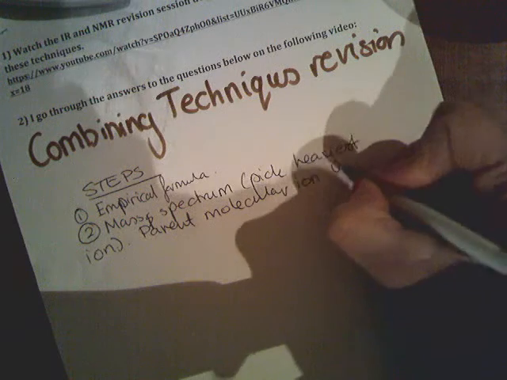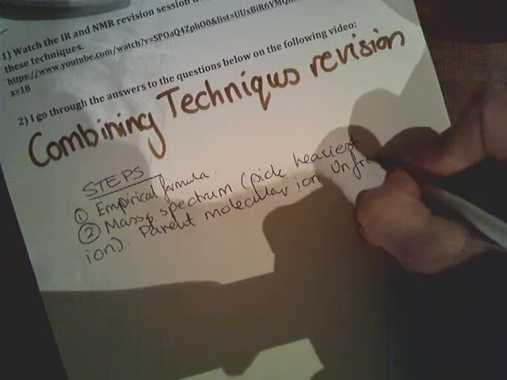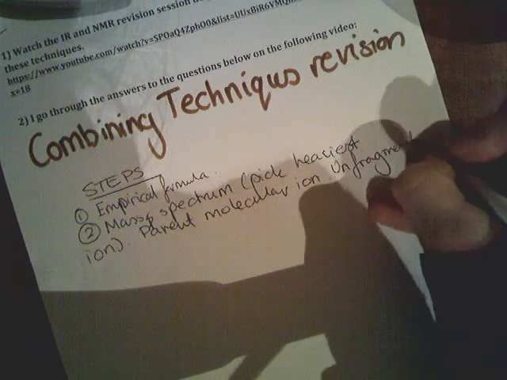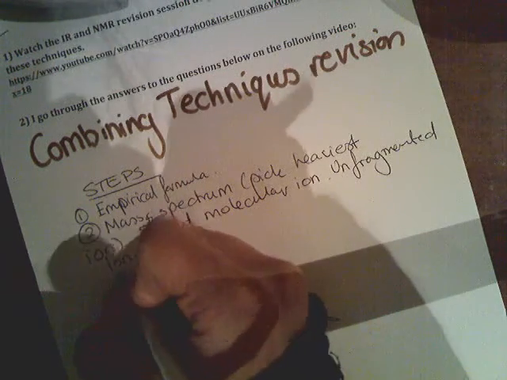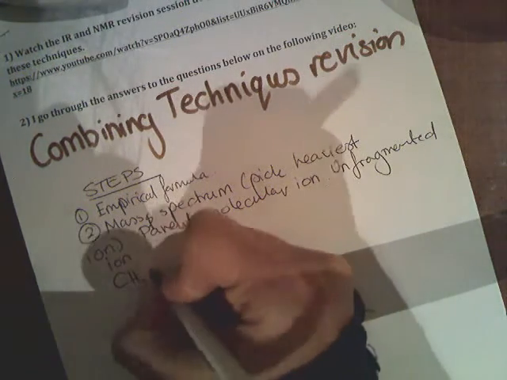This heaviest ion is called the parent molecular ion, and refers to the unfragmented ion. Remember that when a molecule is introduced into the mass spec, it's actually in the gaseous state.